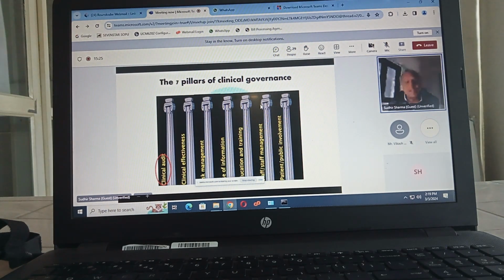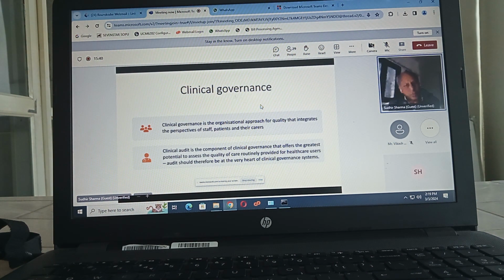Clinical audit is the first thing. And clinical governance seeks to improve patient care. It is an organizational approach, not an individual approach, an organizational approach to quality that integrates the patient and their care. So everybody is involved in clinical governance. Audit is an important component.